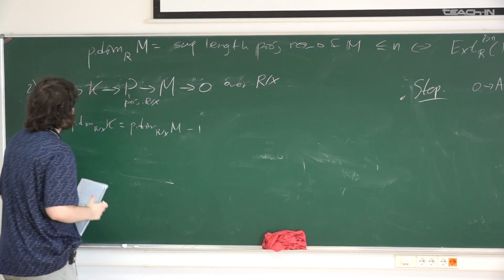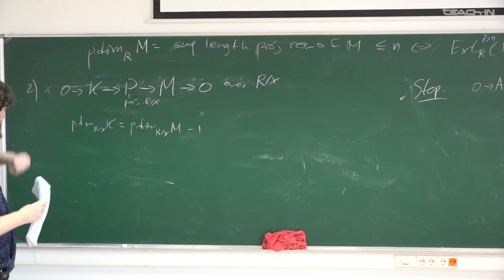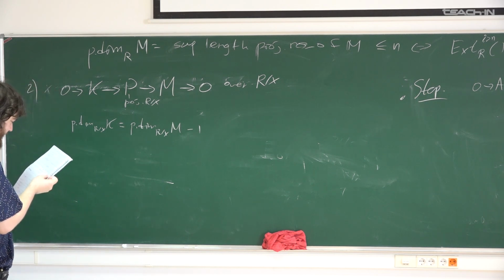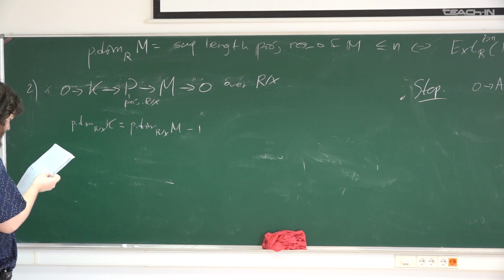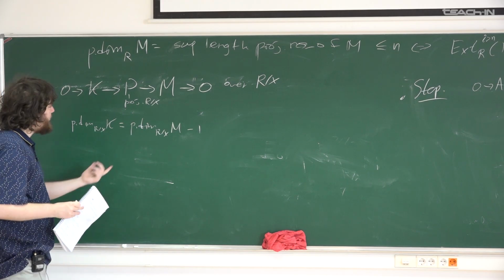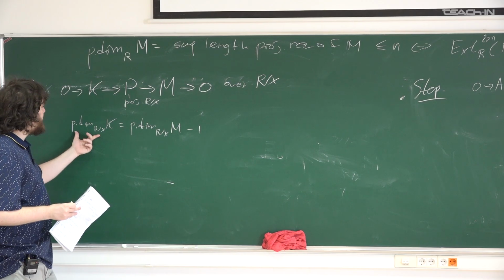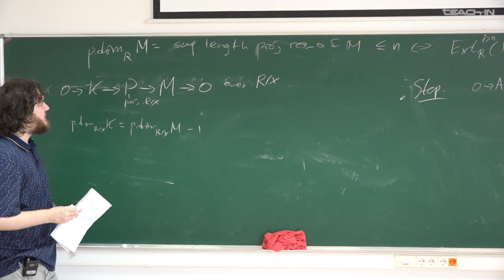No, this is always true. It's also easy to see from the sequence next. Okay. Now, this projective dimension is one less than this projective dimension, and we have induction on this number.